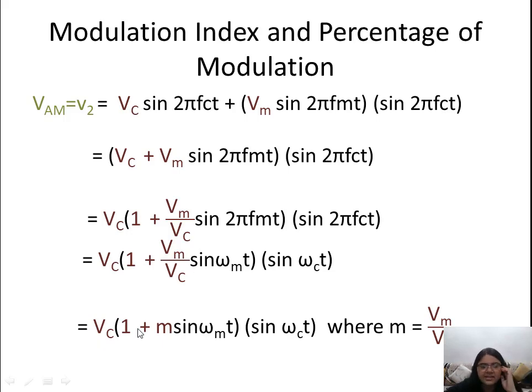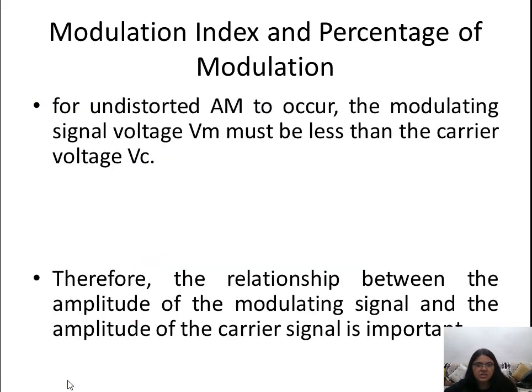If Vm is less than Vc, then there is no distortion in the output. So the relation between the modulating signal and the carrier signal is very, very important.